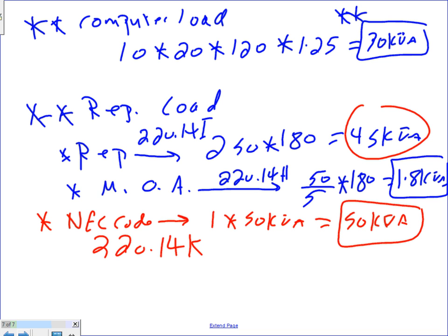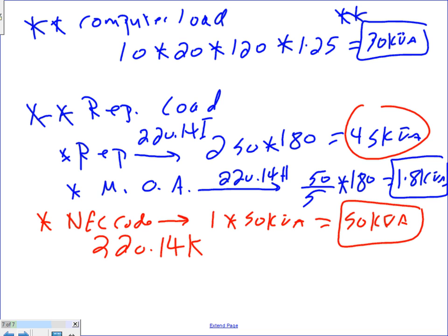Wouldn't we take the greater of the two, the receptacle count versus the code, then add the multi-outlet assemblies and then apply the derate? No, after you choose the largest of the two, you apply the derating for the receptacles, only for installed receptacles. Yes, absolutely, only actual installed.